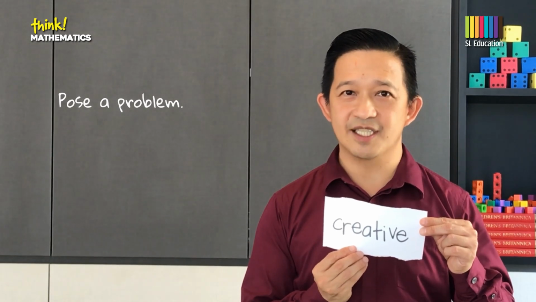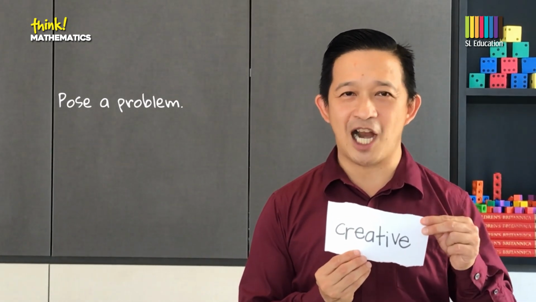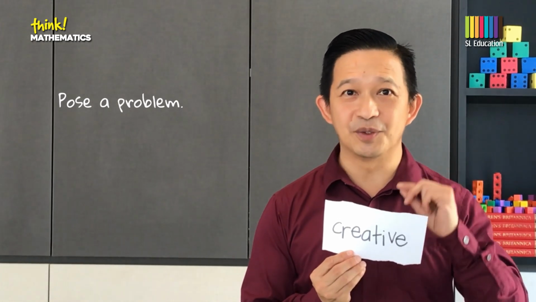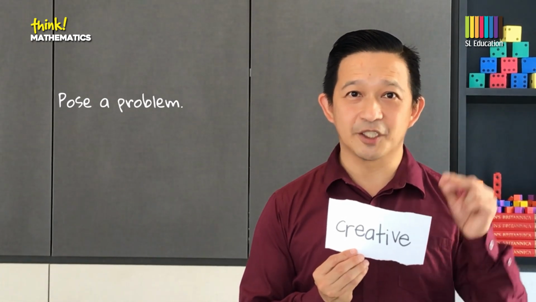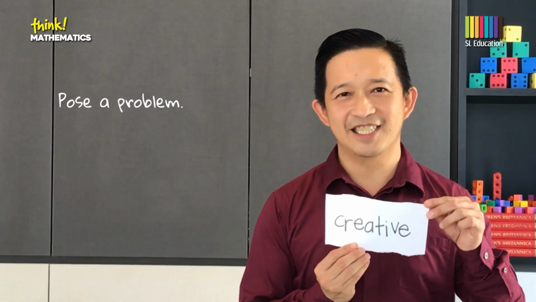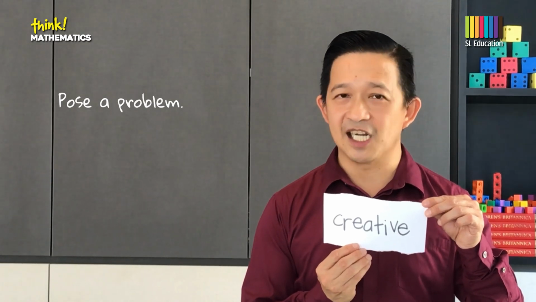You could ask students, okay, we have solved the problem about 4 friends sharing a square piece of art paper. Can you now create a different problem, but about the idea that we were talking about in class earlier today?